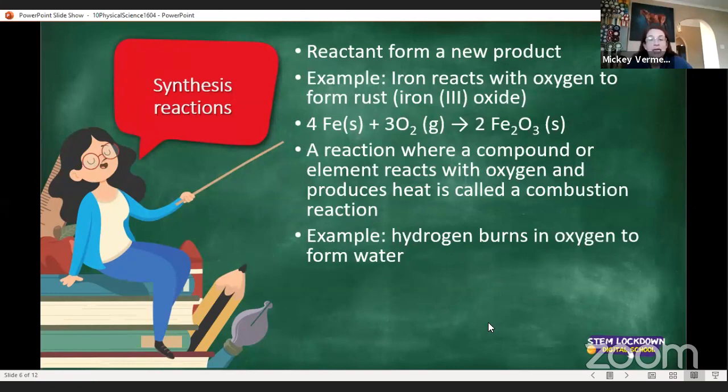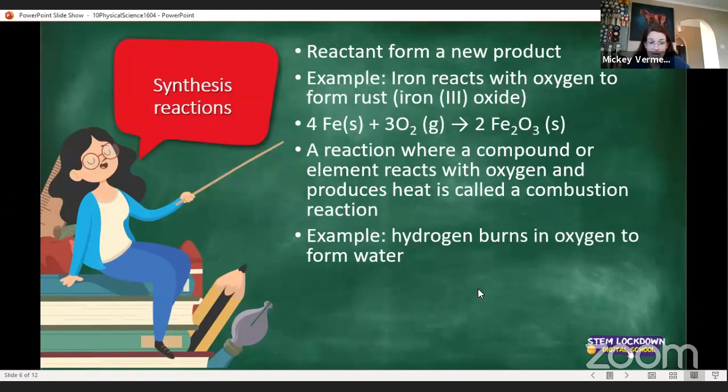Now, this is where life gets confusing because I just told you it's a combustion reaction, right? But it is also a synthesis reaction. Can you see how in chemistry we have so many words to describe the same thing? It all depends on what I'm trying to do with that thing. Someone asked earlier about redox reactions.